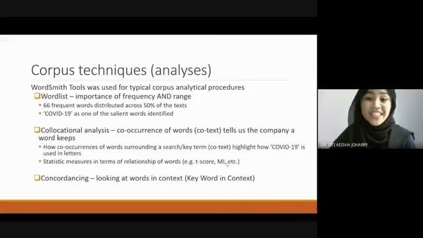Then you will want to see, okay, so what now? You want to look at the words in context. And this is a very simple thing to do with the concordancing tool. Concordancing, just like in IceWeb, is also offered.